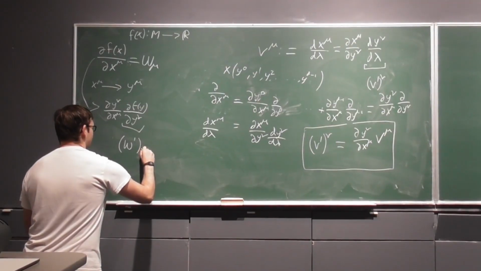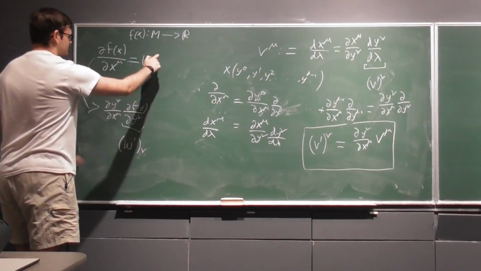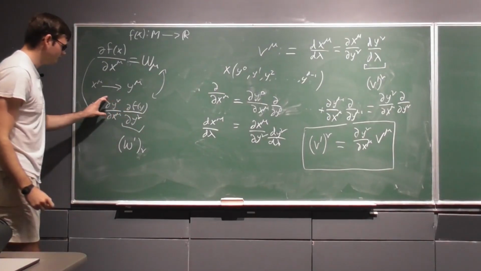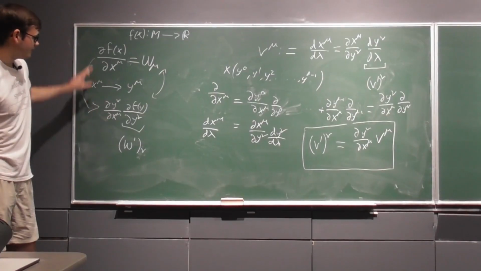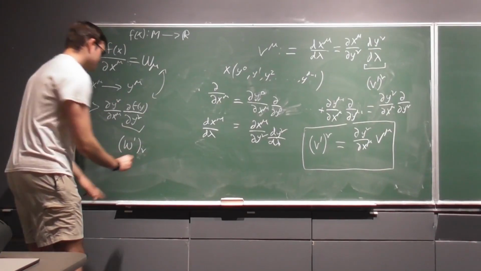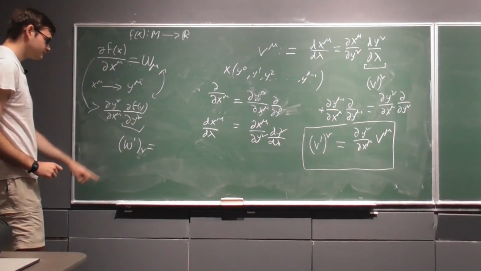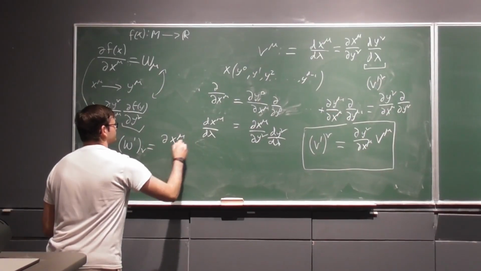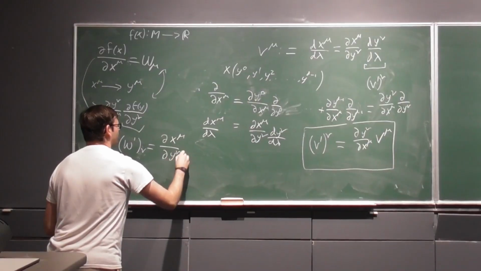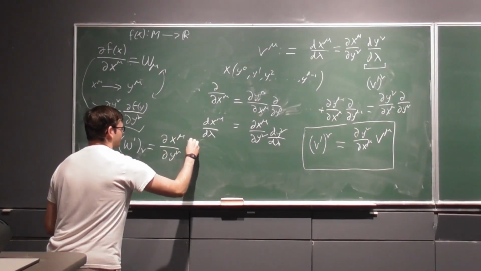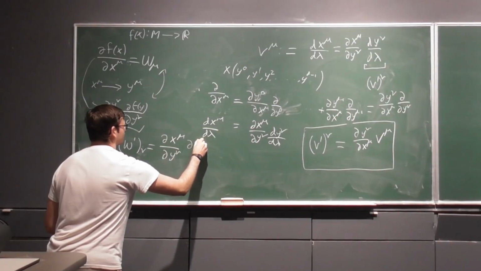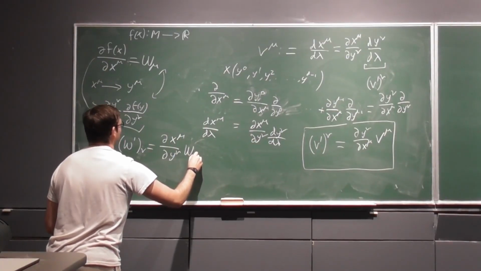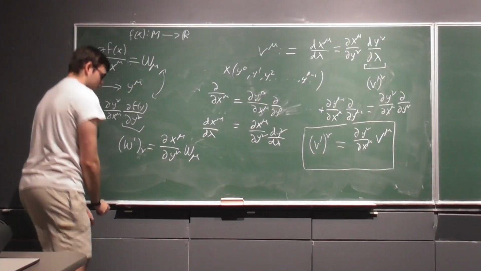Okay? We can do the same thing, right? These two equations are equal. So I can move this partial thing to the other side. So I get that this prime is equal to, now with an x on top, dx mu dy nu, and then this is going to give me back my original vector. Okay?